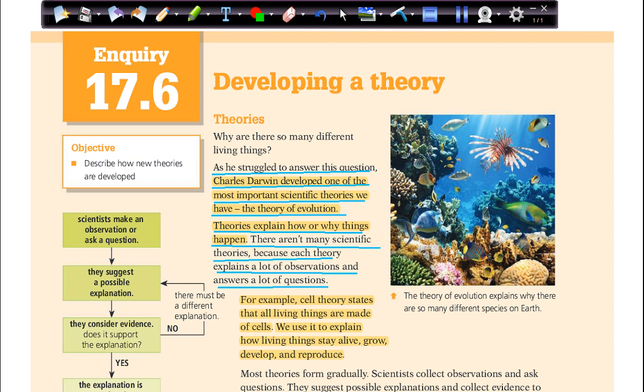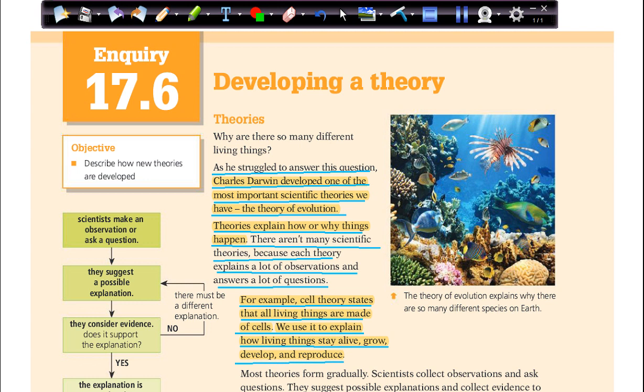If they explained it well, and if their evidence supported their explanations, that could be accepted, and these we can call theories. For example, cell theory states that all living things are made of cells. We use it to explain how living things stay alive, grow, develop, and reproduce.